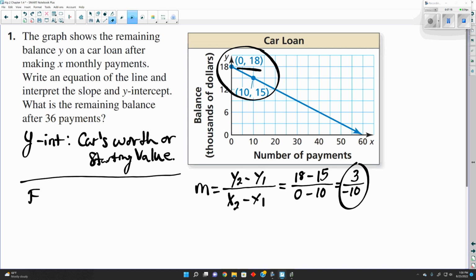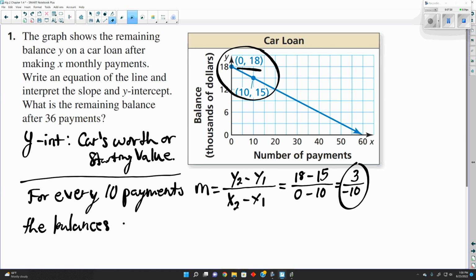So we could say for every 10 payments, the balance does what? Right, goes down or decreases by how much? $3,000.